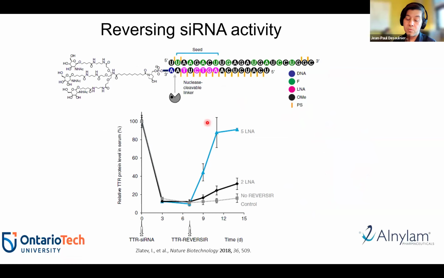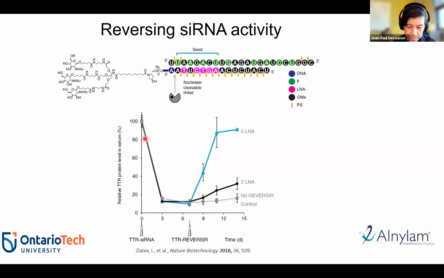To reverse that, they designed an oligonucleotide with a GalNAc, so it can get to the liver, that competes with the guide strand, particularly the seed region of that guide strand attached to RISC. This would presumably compete for that region, therefore disabling its ability to bind to the mRNA strand.